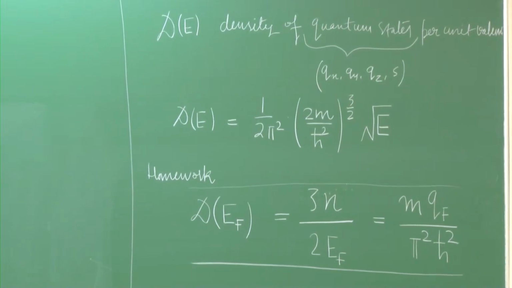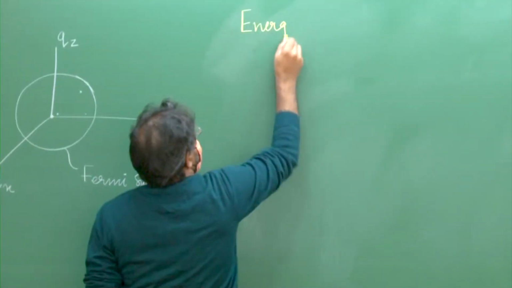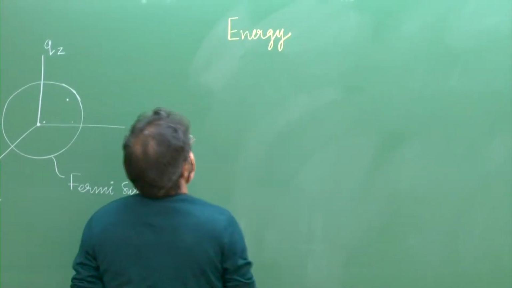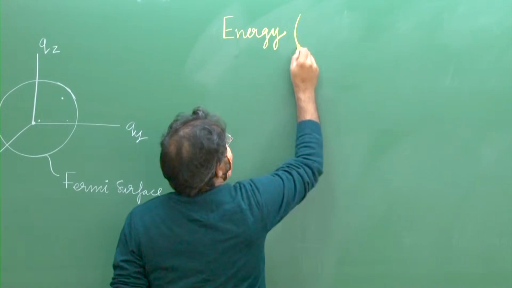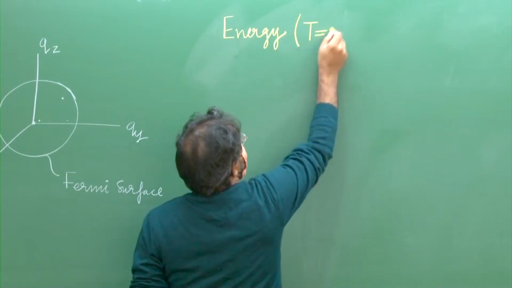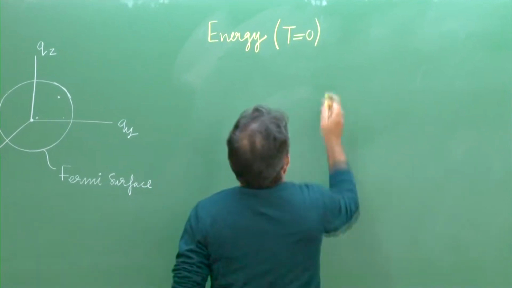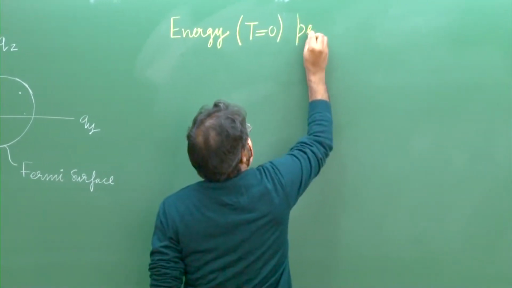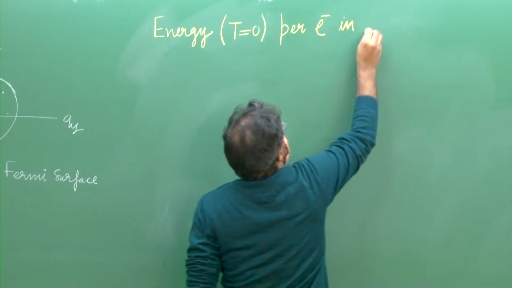So, what we are going to do is find out the ground state energy, energy at T equal to 0, per electron in the ground state.